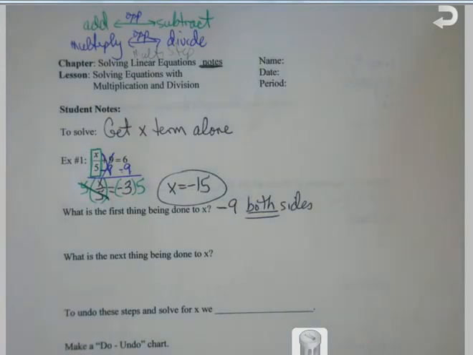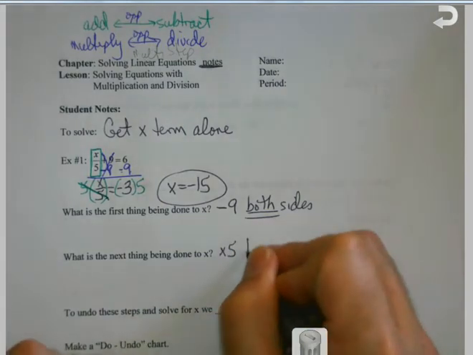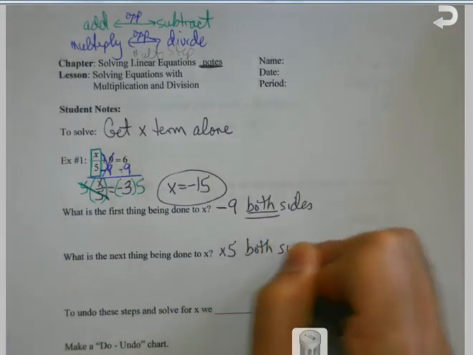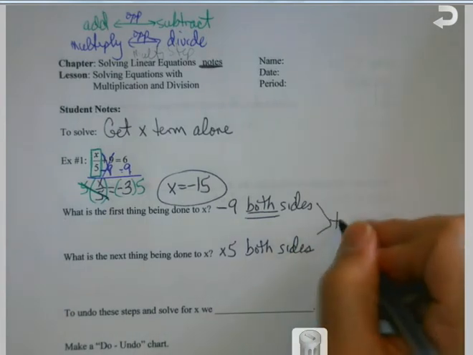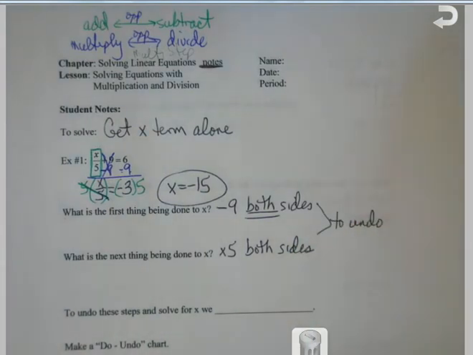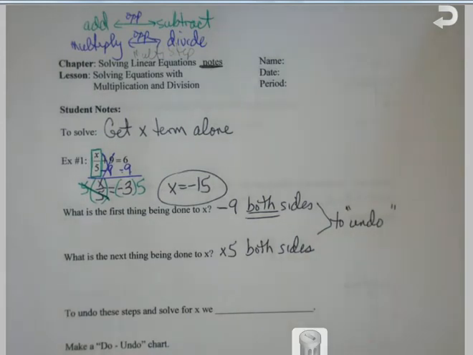And then when that's done, and again, both of these are to undo those steps, okay? To undo the plus 9, to undo the divide by 5, okay? So that's what we did to get there. And I sort of got ahead of myself and answered the last blank. Well, that happens sometimes. Okay.